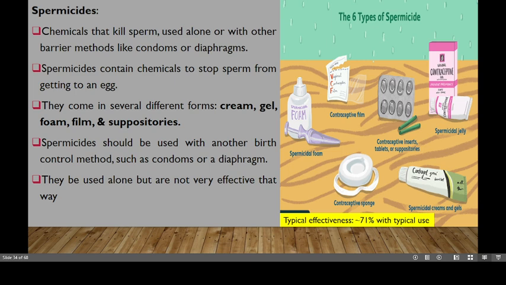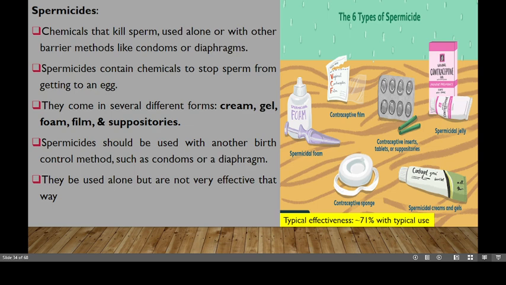Spermicides are also another barrier method. They kill the sperms and often can be used alone or with other barrier methods like condoms and diaphragms. The spermicides contain chemicals to stop sperms from getting into an egg. They come in different formulations: we could have a cream, gel, foam, film, or suppositories.